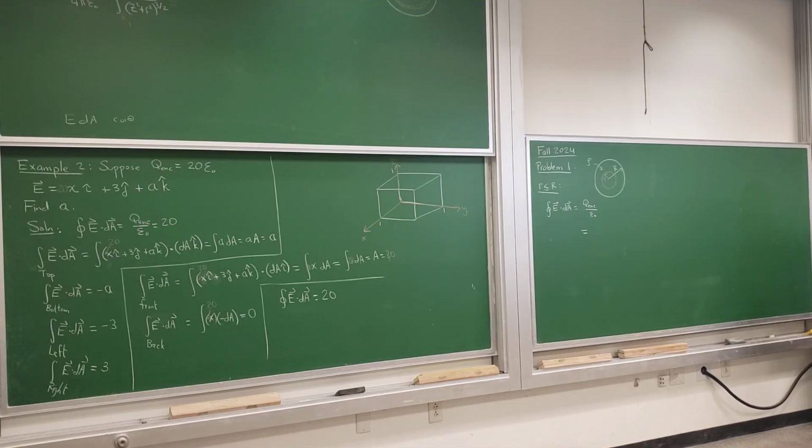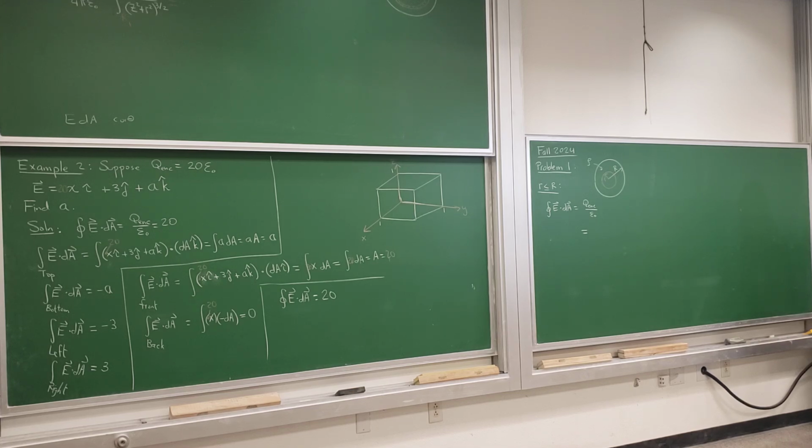Assuming the charge density is positive, radially outward. In what direction is the area vector? Radially outward also. So they're parallel to each other.